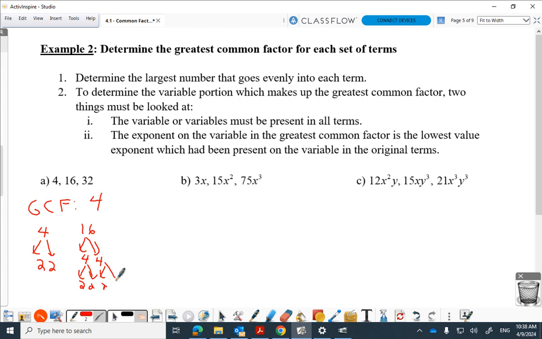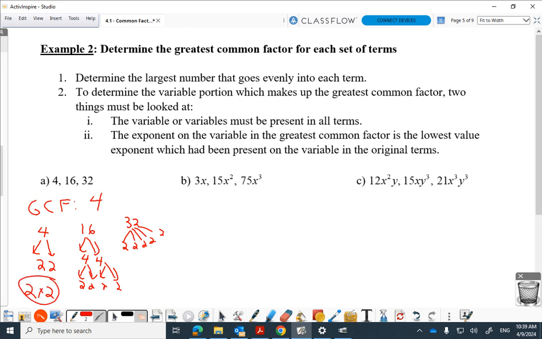And I could take 32, and if you follow the tree all the way down, you'll find that 32 is 2, 2, 2, 2, 2. Then I ask the question, how many 2's does each factor have at least? This one has 5. This one has 4. This one has 2. They all have at least 2 2's. So common to all of them is 2 times 2. There's the greatest common factor, which is 4.